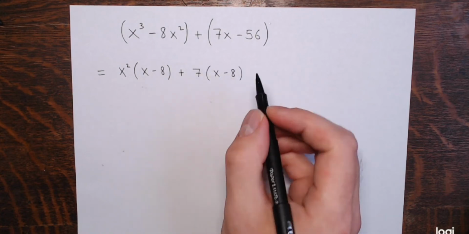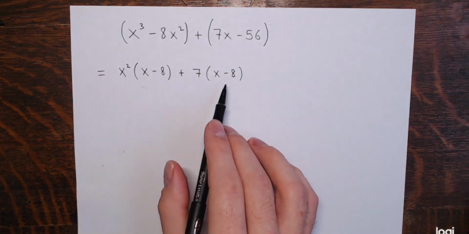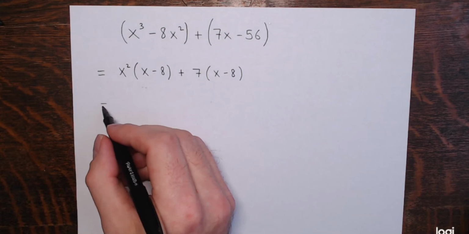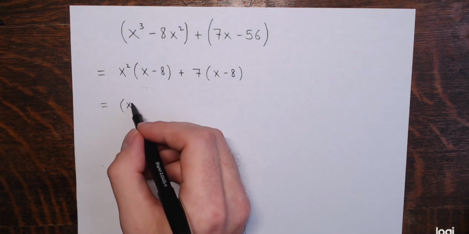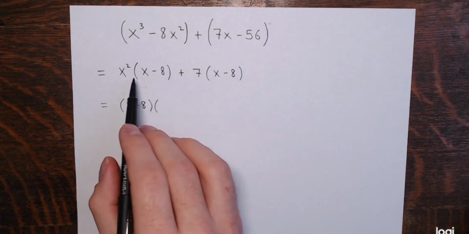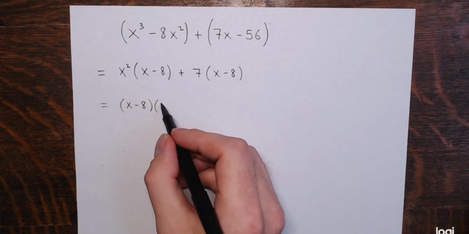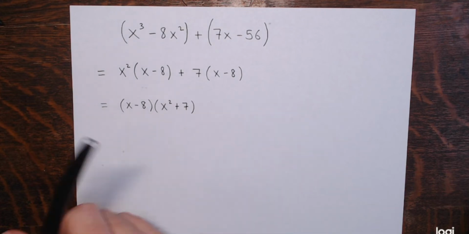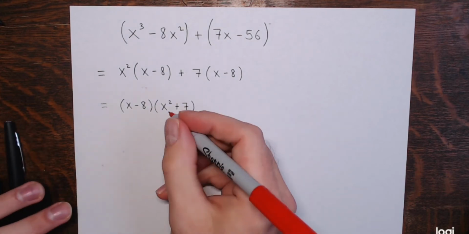Then I look at the thing as a whole. Both products have x minus 8 in common, so I factor that out. You have x minus 8 times what's left over, x squared plus 7. And x squared plus 7 can't be factored any further.